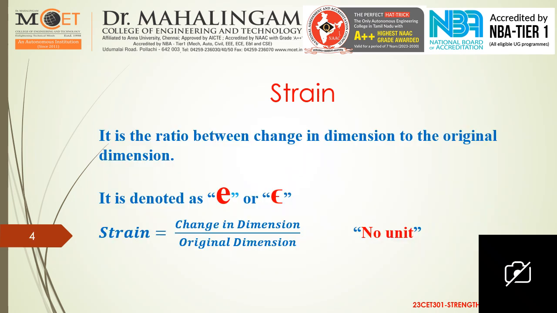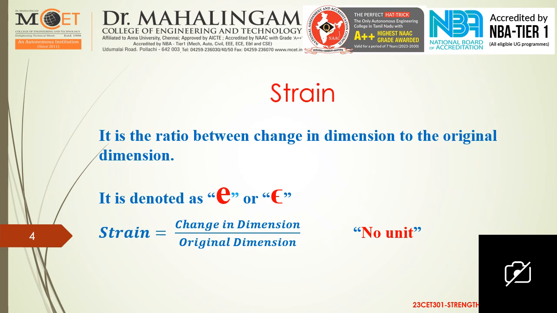So as a definition, strain can be defined as the ratio between change in dimension. Generally we have to say it as change in dimension. Changes in any dimension will refer to strain.